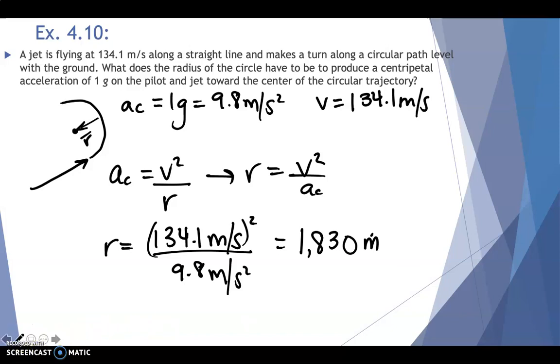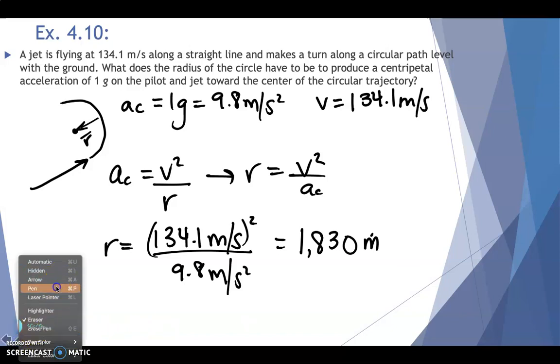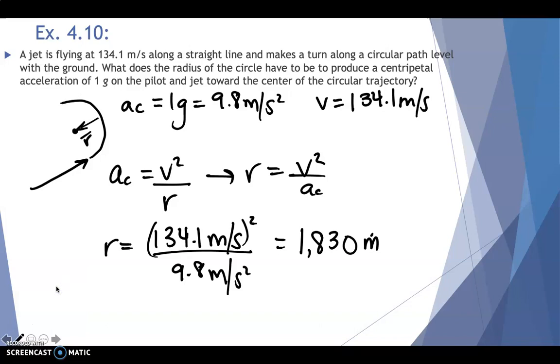Okay, now let's think about this for a second. Does this make sense? Whenever you're doing a problem, you want to make sure that it makes sense. So if a jet is flying at this high speed, okay, well, it's high for us on the ground, but if they're driving at this speed, to have to make a turn and maintain that same velocity, it'll have to be a pretty wide turn.